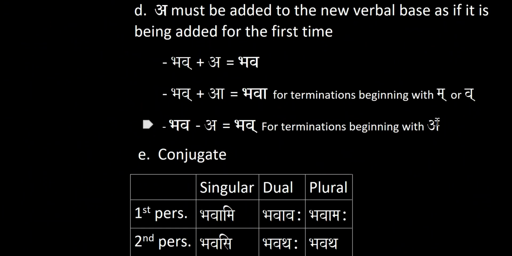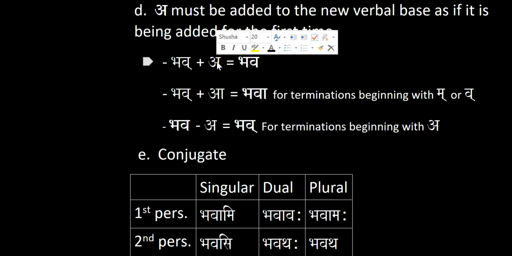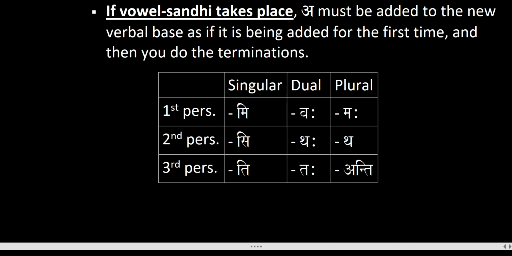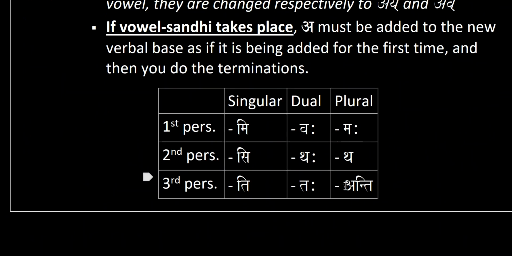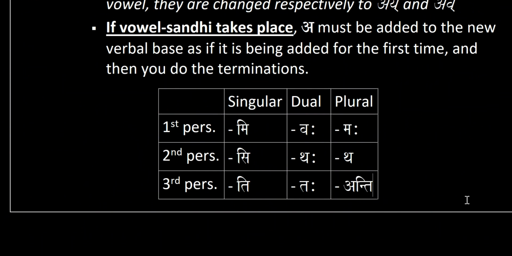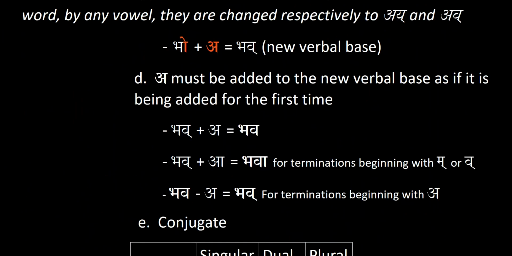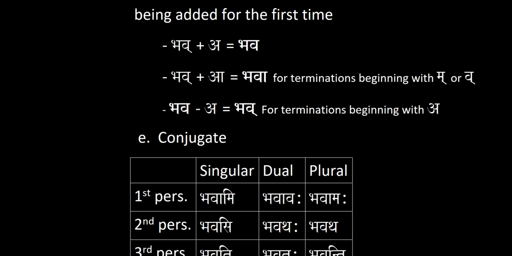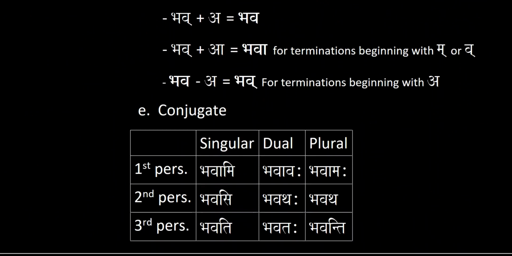And for terminations that begin with a, that is when you don't have to add a; it's actually removed here. So the only termination that begins with a is anti. So you just keep it as bhav. Okay? So that's why you keep it as bhav and then you add the termination ending anti, so it becomes bhavanti. So then we have our conjugation.